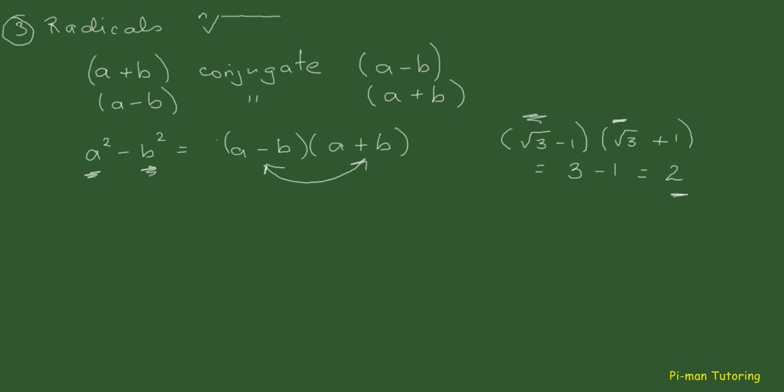So let's look at an example of how that applies to solving limits of functions. So let's suppose we're asked for the limit as x tends to 9 of the function root x minus 3 divided by x minus 9.